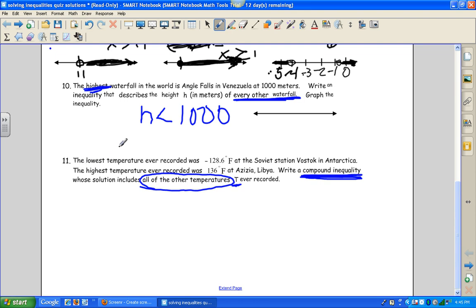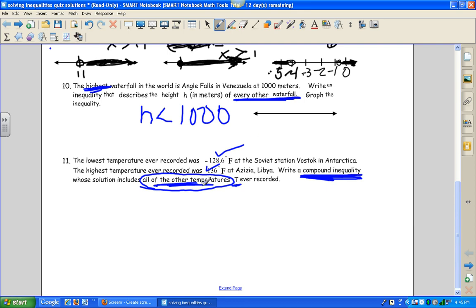We don't want to talk about the lowest, because we know that one was in Antarctica. We don't want to talk about the highest. We know that one was in Libya. However, we want to talk about all of the others, and we want a compound inequality.